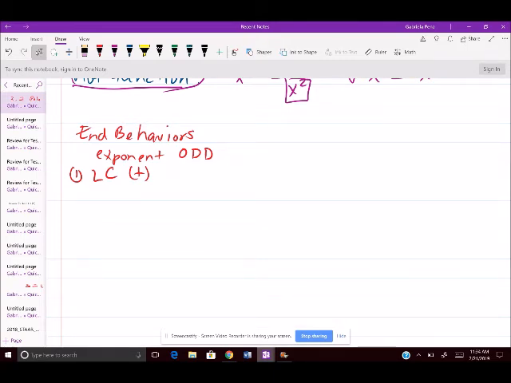If your exponent is odd and your leading coefficient is positive, the graph falls to the left and rises to the right.